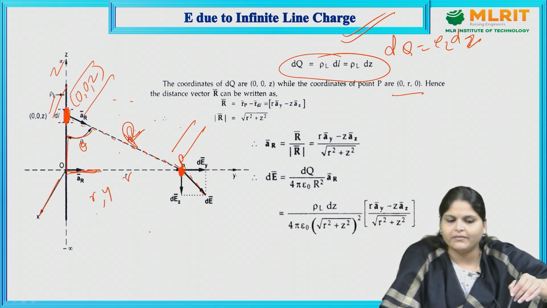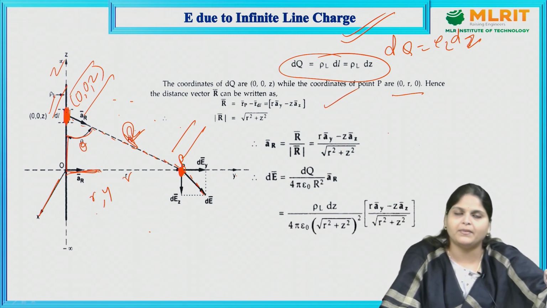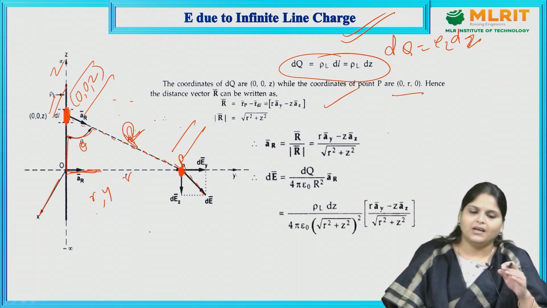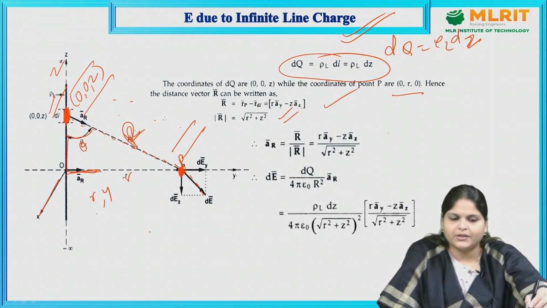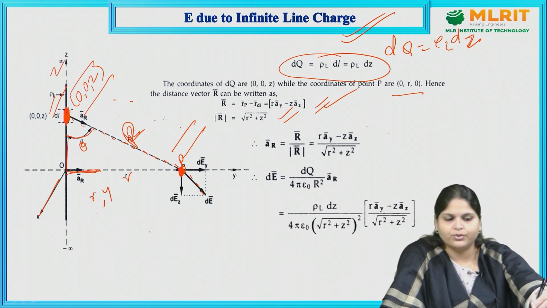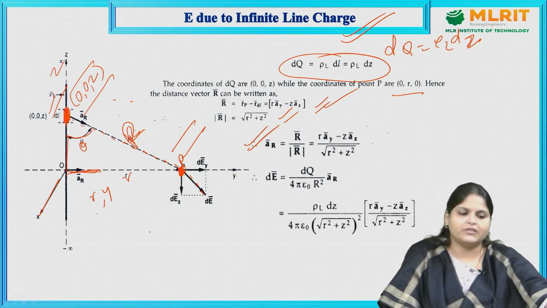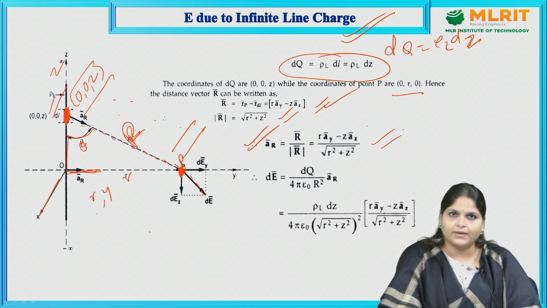From here to here we are counting, right? So this will be this minus this. So it becomes r_P minus r_dl, which is equal to r ay minus z az. And its magnitude would be the square root of r square plus z square. By using these two, you can even get the unit vector, which is equal to (r ay minus z az) upon the square root of r square plus z square.